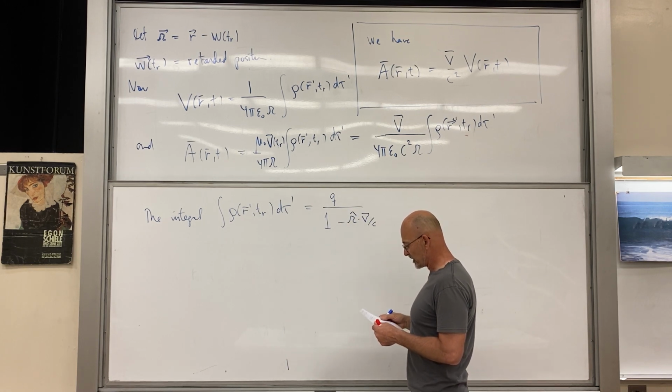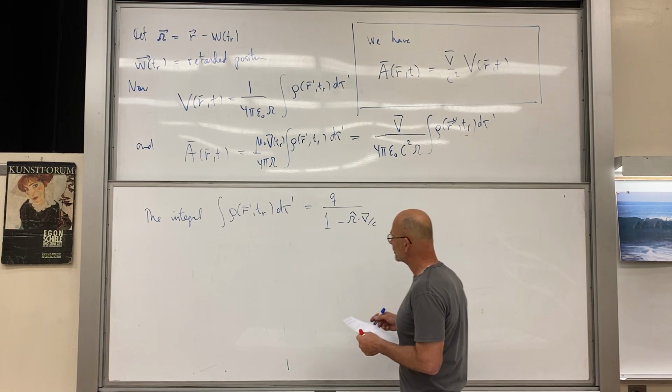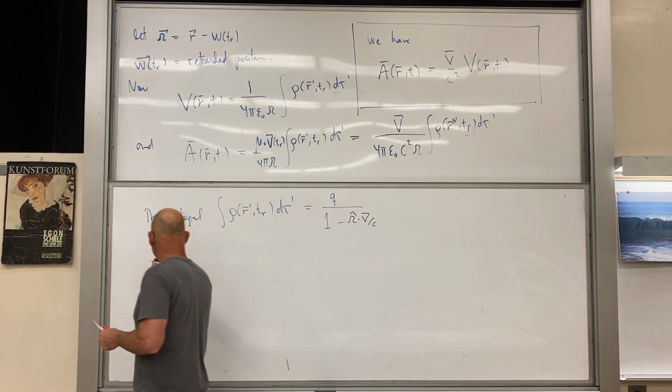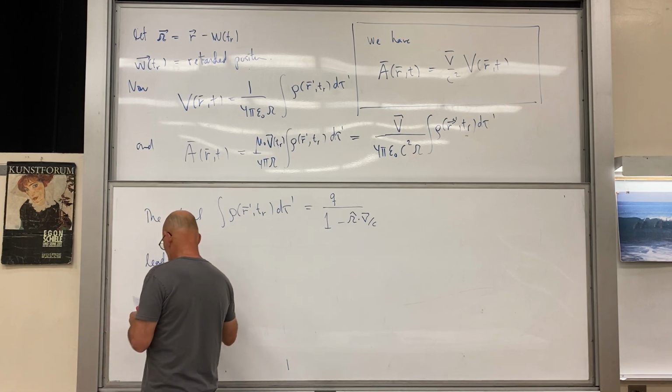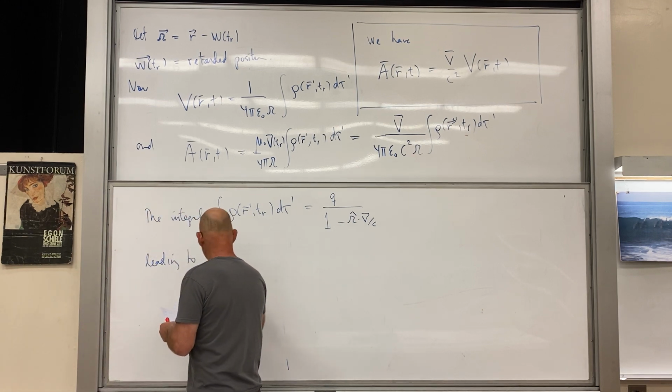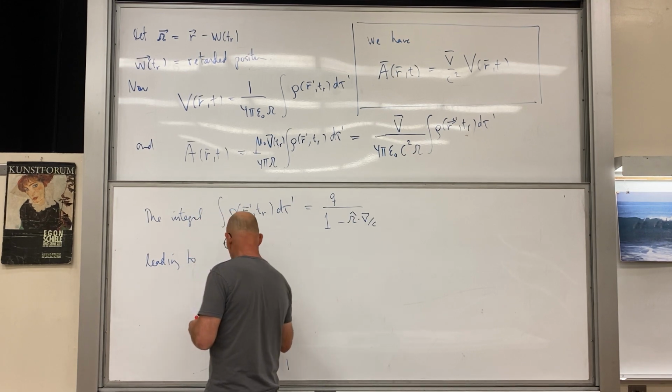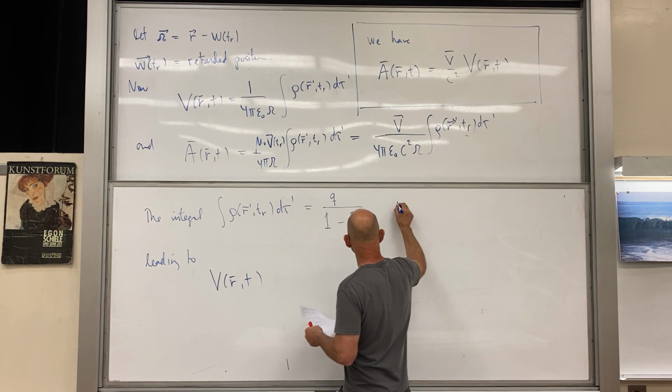So we'll do that in a moment. So with all the designations that we have up here, let me go ahead and write this down, and we'll derive this next time.